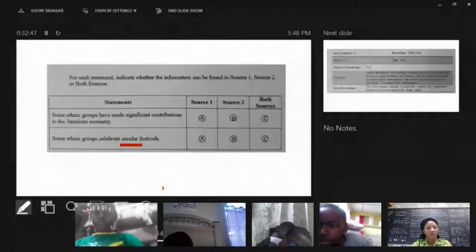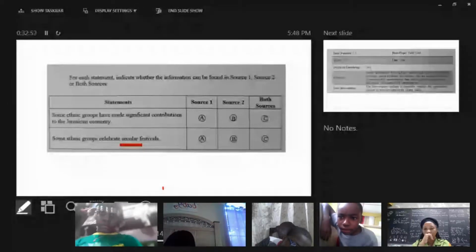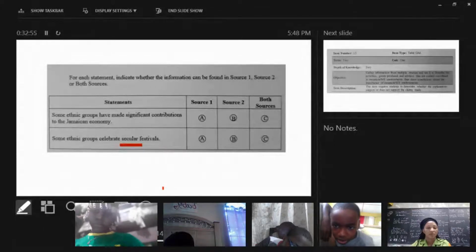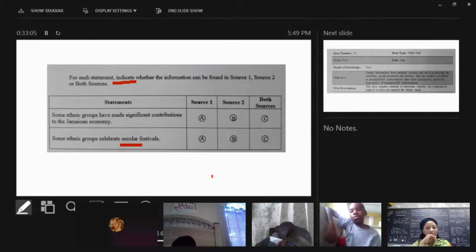Wait, read again from the top. And then for each statement, identify whether the information can be found in source 1, source 2, or both sources. Statements.